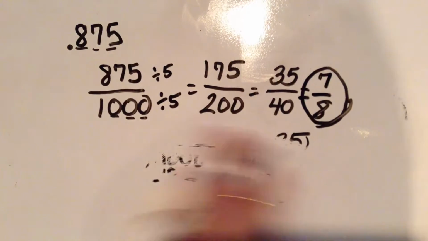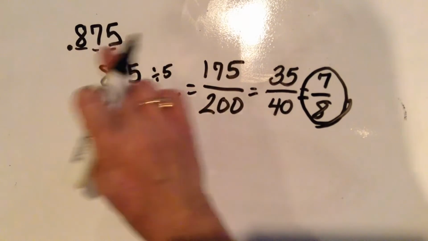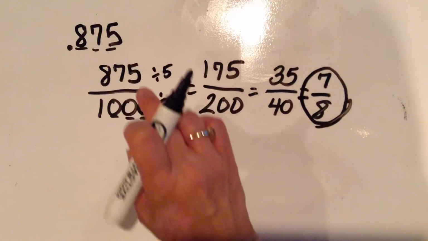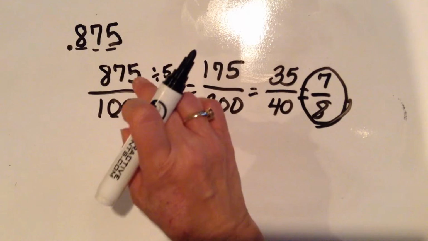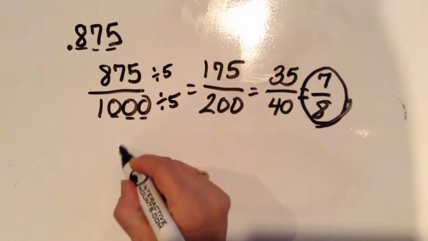Now, let's pretend I saw this and recognized, 5 does work, but I bet I can divide by 25, because I know that when it ends in 5 and 0, sometimes it's divisible by 25.